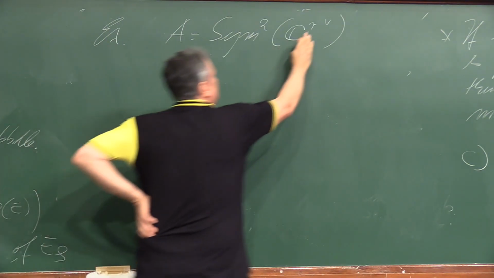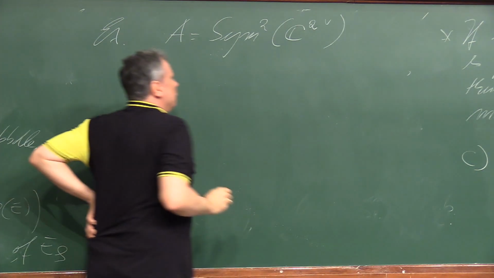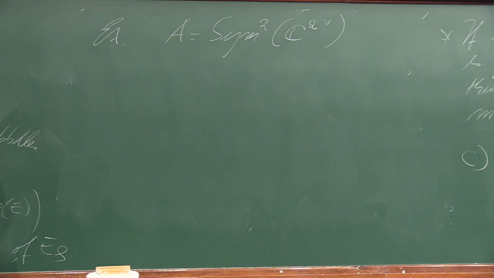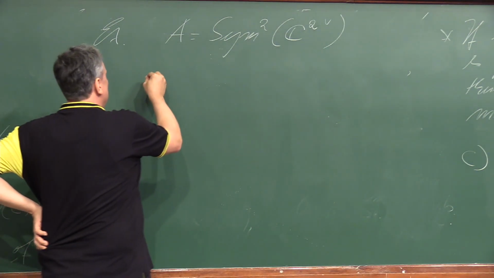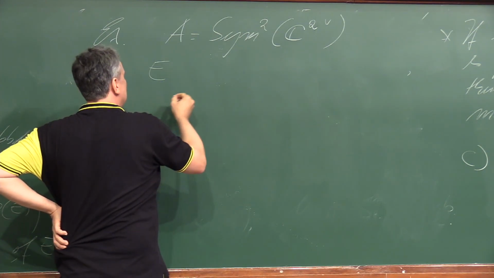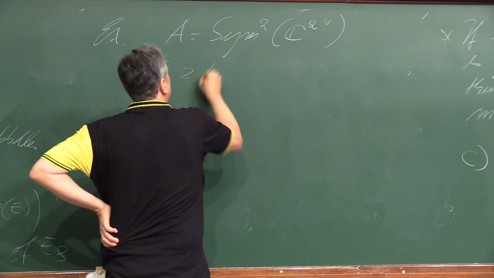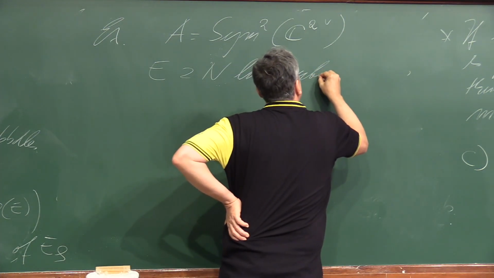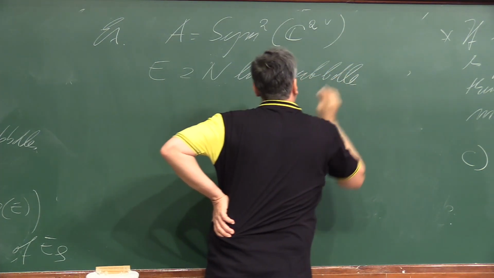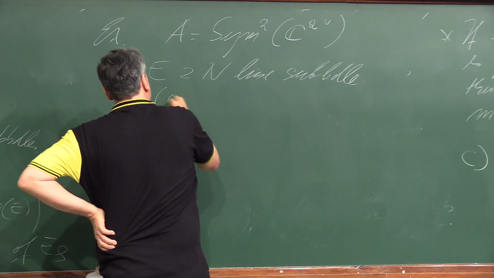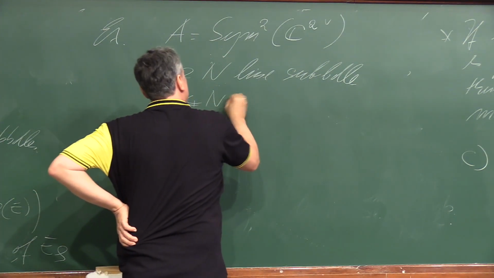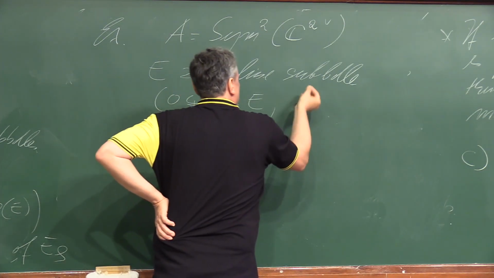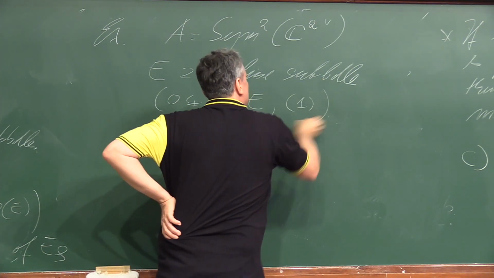Let's just take C^2, so the space of binary quadratic forms. Now if you have E and a line subbundle, you don't have much space for your filtrations, so you just form this filtration, and then you can take alpha to be 1.